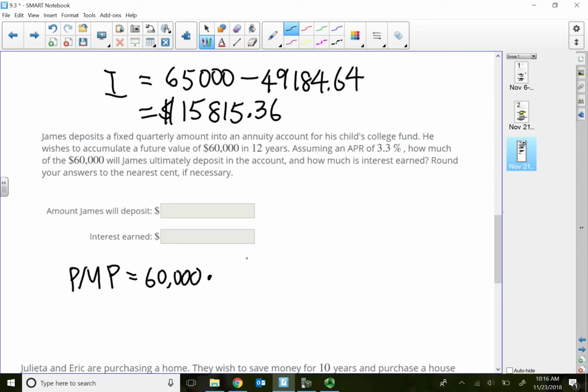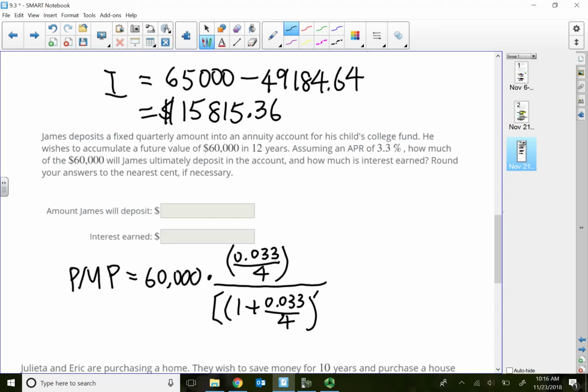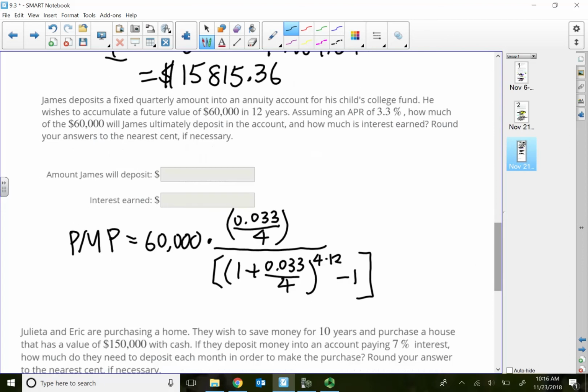R over N. R is 3.3%, which is 0.033, over N, quarterly, so my N will be 4, divided by parenthesis, 1 plus 0.033 over 4, whole thing raised to the N, which is 4 times T. How many years am I doing this? 12 years. Minus 1.